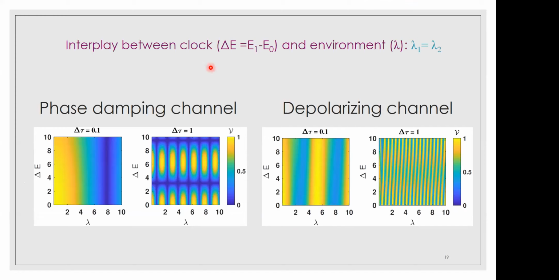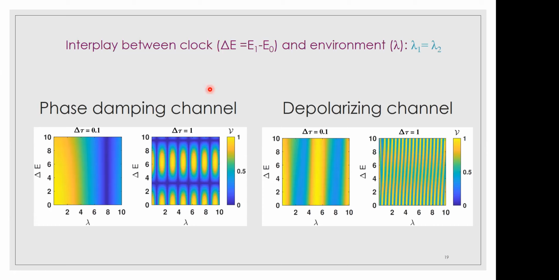Now we can do similar analytical calculations for the phase damping channel and the depolarizing channel. The main difference here is that the kinds of interactions that are considered are of course different, and also the minimal dimension of the environment that you require for modeling the effect of the channel.